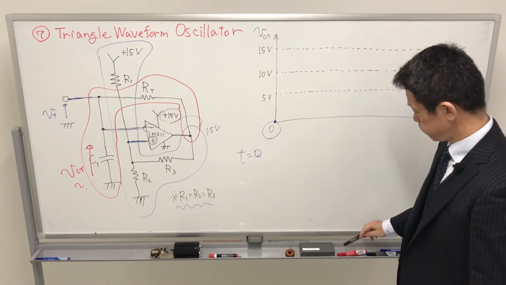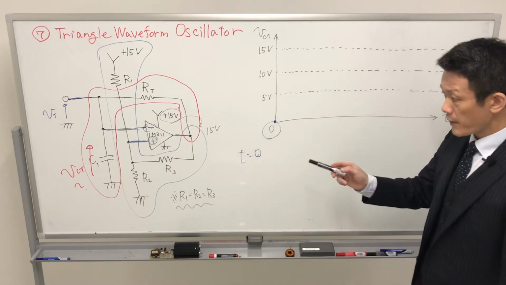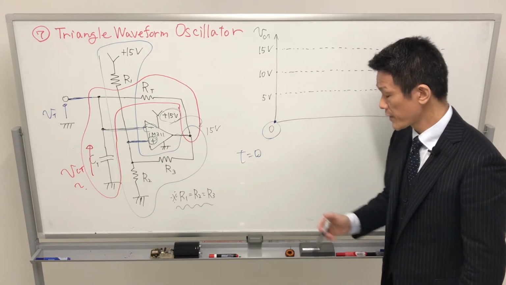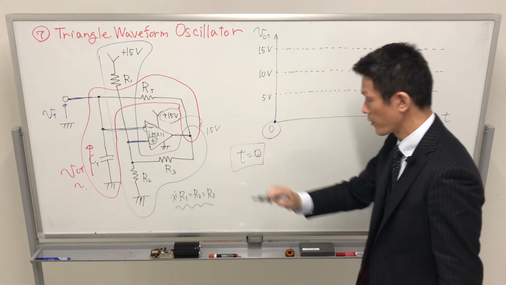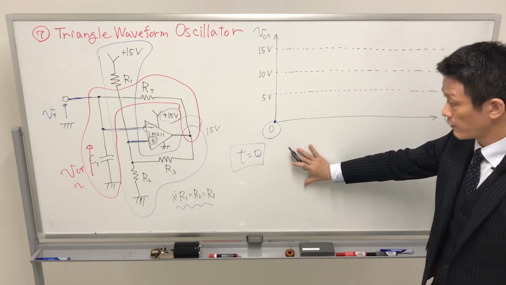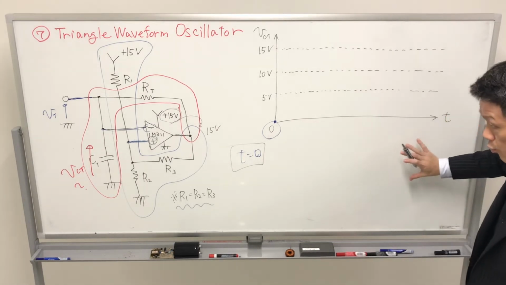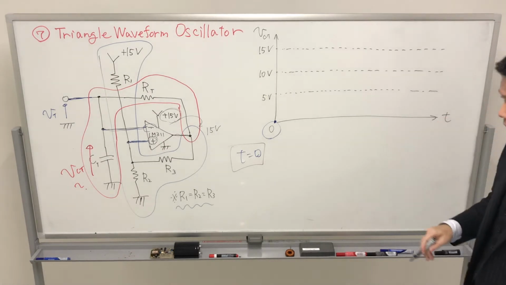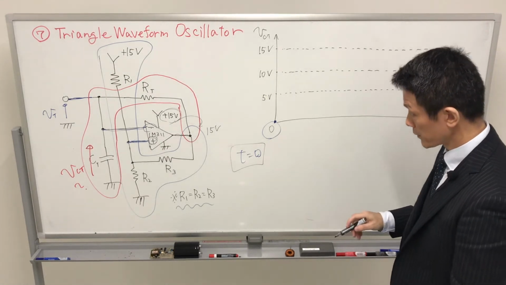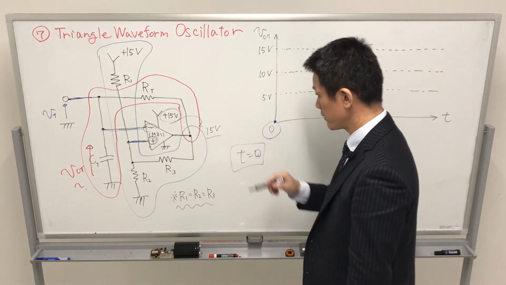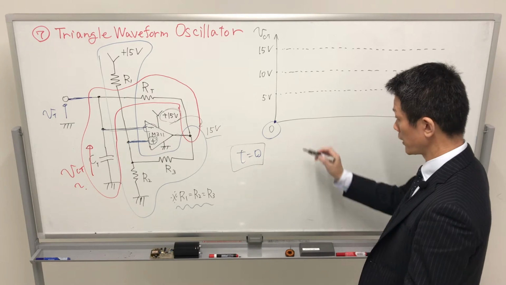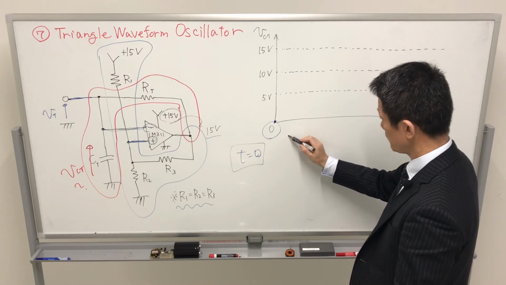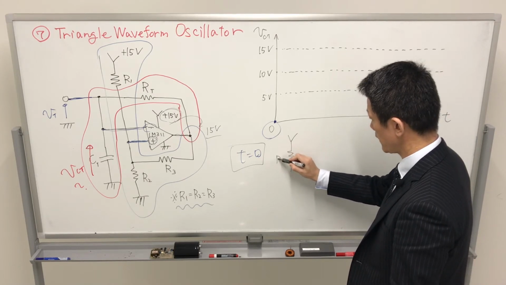First of all, please write the equivalent circuit for the red line circuit and the blue line circuit at terminal 0. First, the 15 volt, positive, R1.